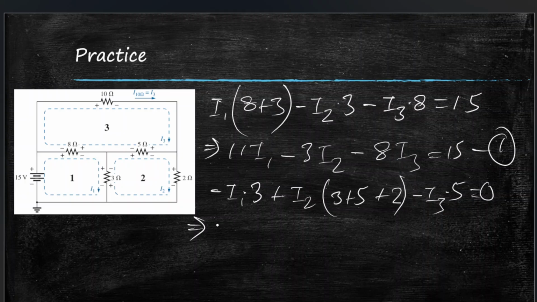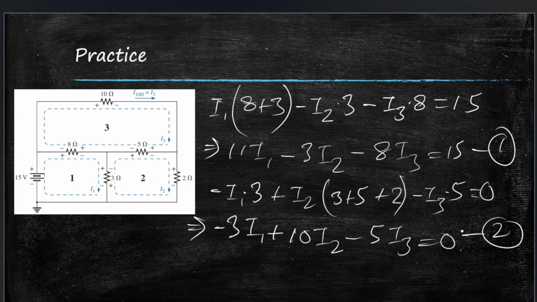Now let's simplify this. So minus 3 I1 plus 10 I2 and then minus 5 I3 is equal to 0.